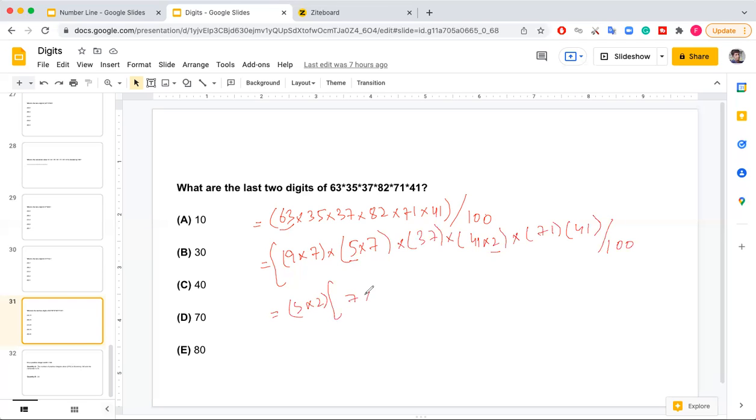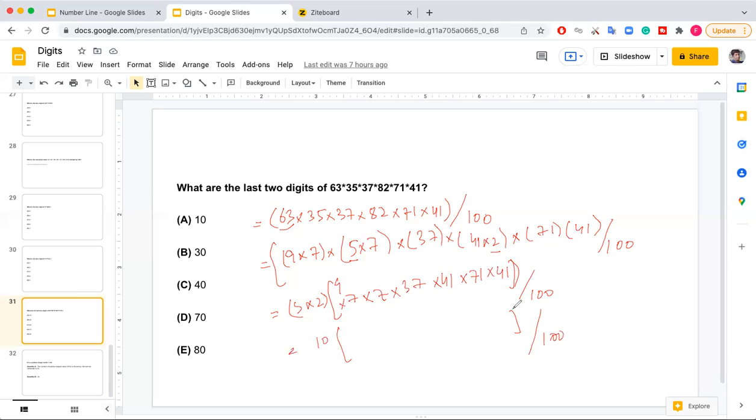We have 9 into 7 into 7 into 37 into 41 into 71 into 41 divided by 100, right? This will become 10. Now, one thing is sure, the unit digit is 0. The next thing is we just need to find the tens digit.